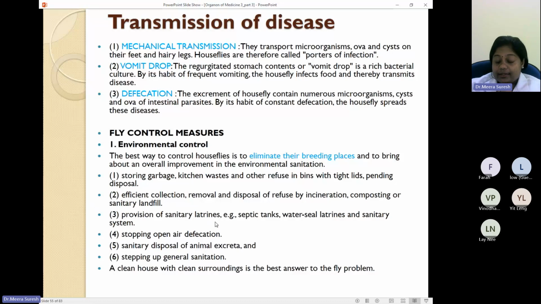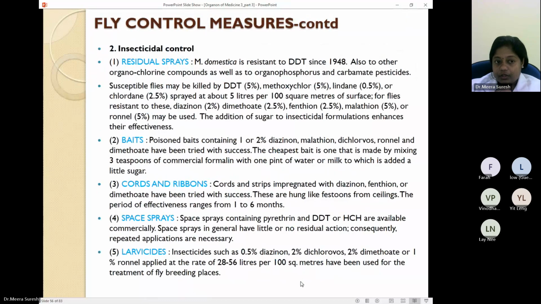So we need sanitary latrines, septic tanks, water seal latrines, and a sanitary system. Stop open air defecation, ensure sanitary disposal of even animal excreta, and scale up the general sanitation. A clean house with clean surroundings is the best answer to the fly problem.